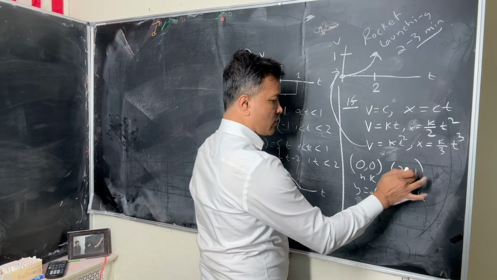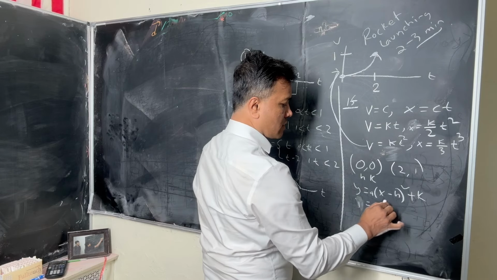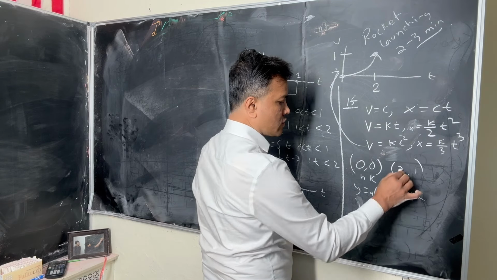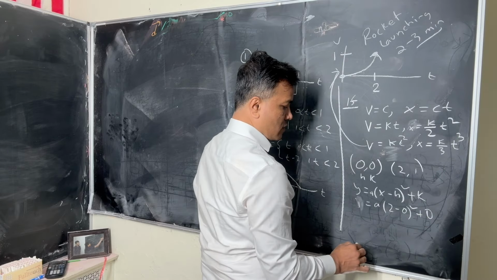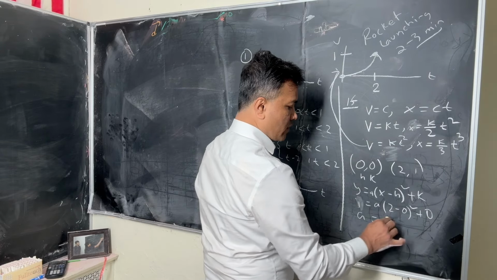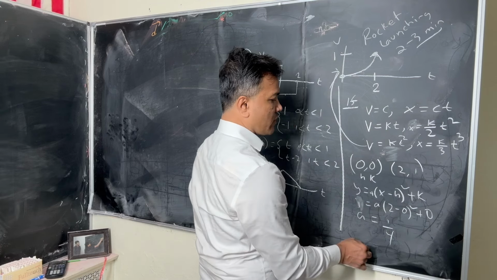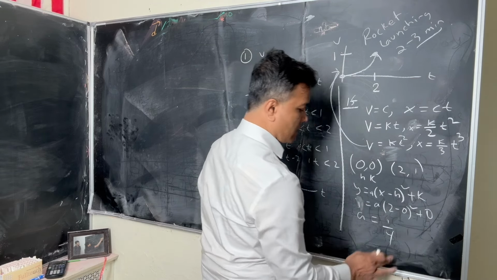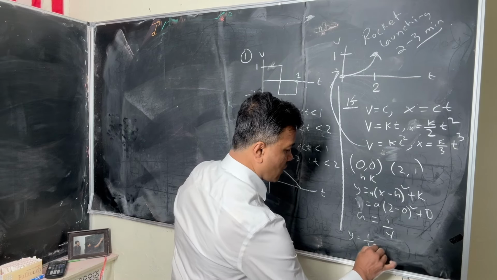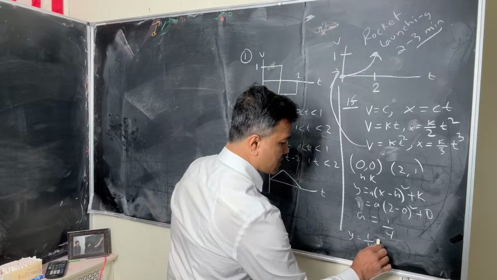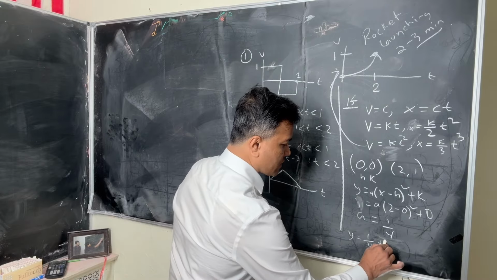So 1 is equal to a times 2 minus 0 squared plus 0. So a is 1 over 4. If a is 1 over 4, then how can we write the equation? y is 1 over 4 t squared.